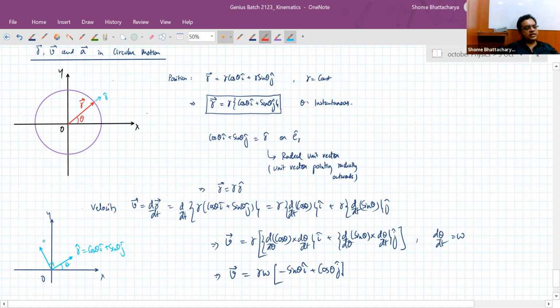This is the one which is at 90 degrees to it. So it is minus sine theta i cap plus cos theta j cap. In the above diagram, this tangential unit vector is here. At any point, it is along the tangent drawn at that point, whereas the radial unit vector is along the radially outward direction.